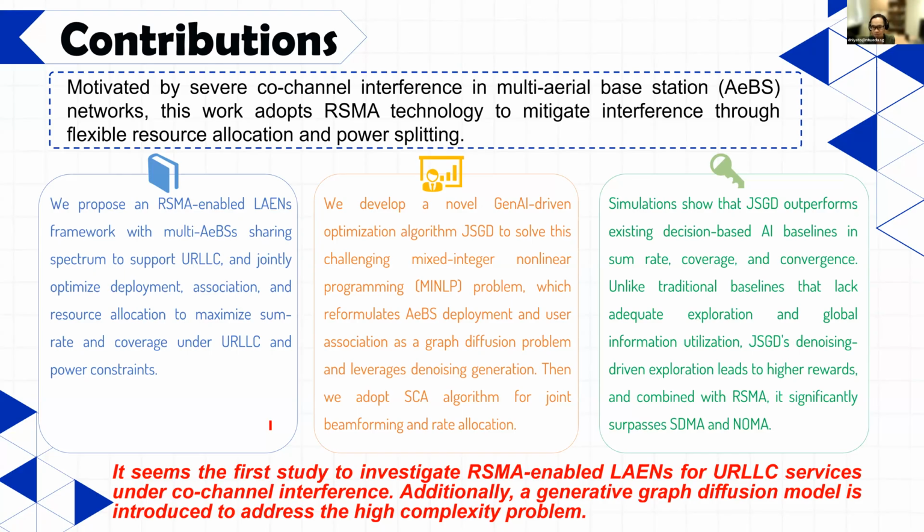We formulate the aerial base station deployment and the user association as the graph diffusion problem, and we use the denoising generation mechanism to adapt the matching between the user and the aerial base station. We also adopt the SCA algorithm for the joint beamforming and rate allocation.